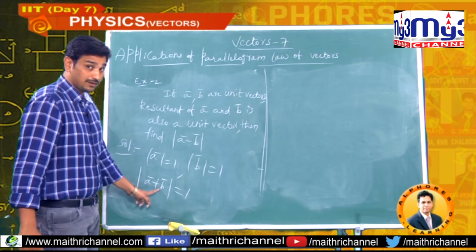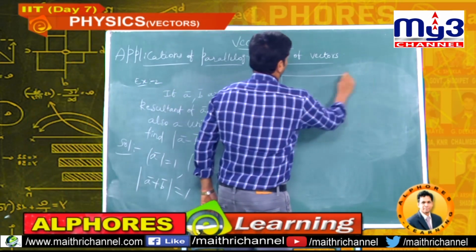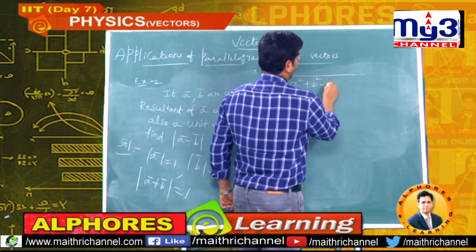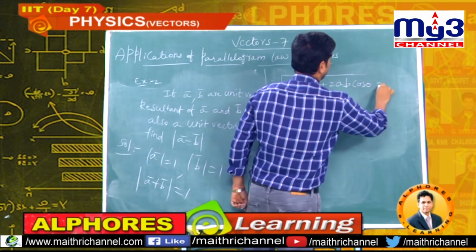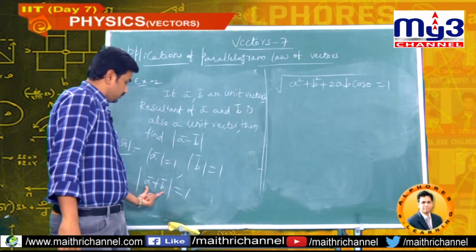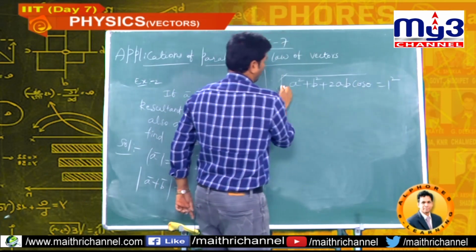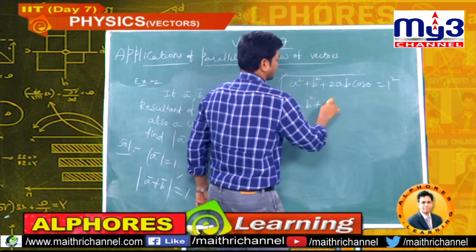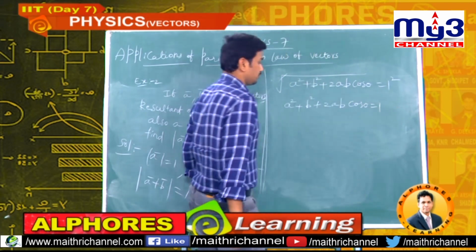This is the parallelogram law of vectors. This root of a square plus b square plus 2ab cos theta is equal to 1. Now squaring on both sides, the root is gone: a square plus b square plus 2ab cos theta is equal to 1.